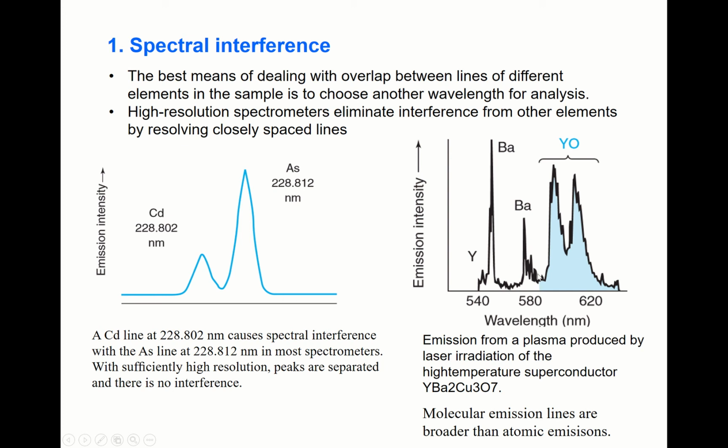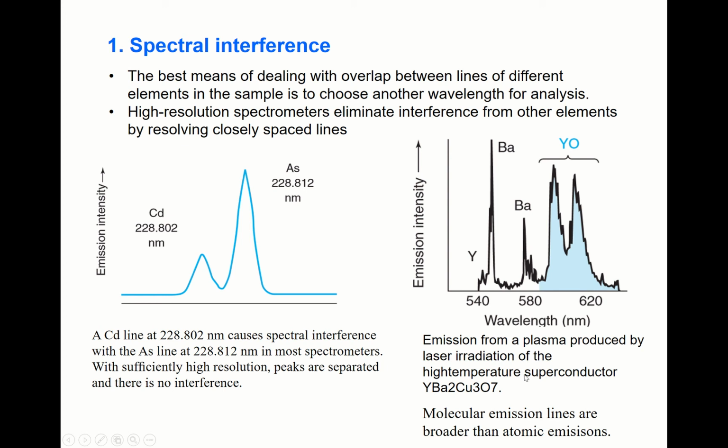And look at this figure here. The figure is from the emission spectrum of this high temperature superconductor, yttrium barium copper oxide. This is a very famous high temperature superconductor.